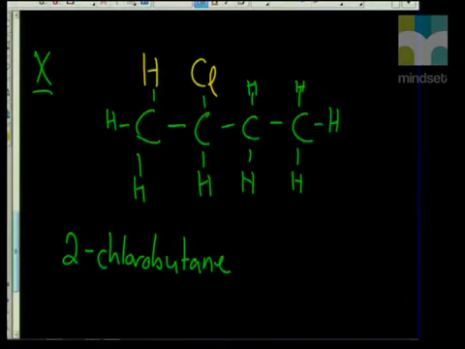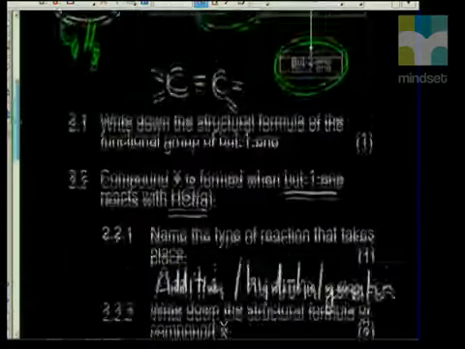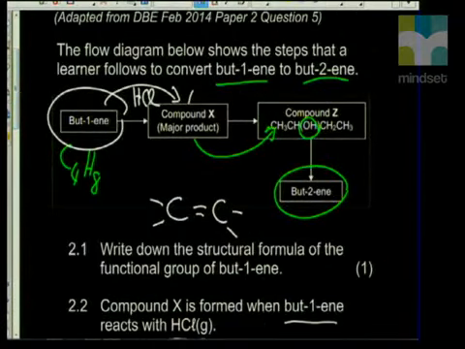And that's what X is. Let's see what Z is. If you look at the condensed formula here, and you look closely, you'll see that on carbon number 2, that's carbon number 1, that's carbon number 2, we've got this hydroxyl group. That's carbon number 3, that's 4.